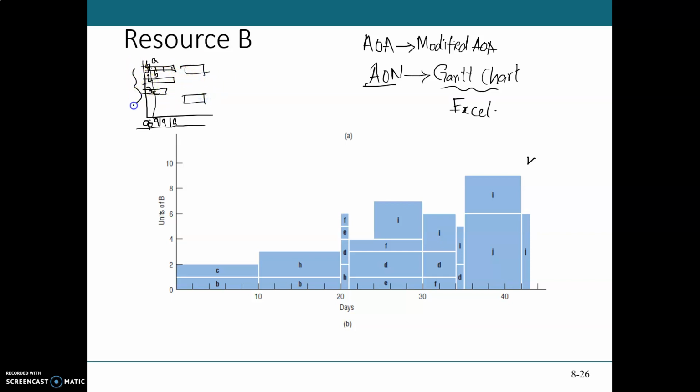So for example, if there are 10 activities, you will show them from activity 1, 2, 3, 4 up to 5, and then you can add up those numbers in those bars to get the resource usage profile over here. So in this form you can draw these column charts for the resource usage.